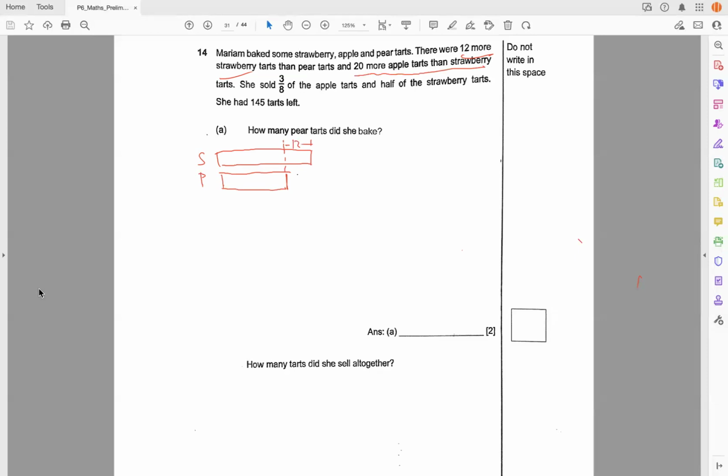So 12 more strawberry tarts than pear and 20 more apples than strawberries. Apples compared to strawberries, 20 more. Okay, so this is 12.